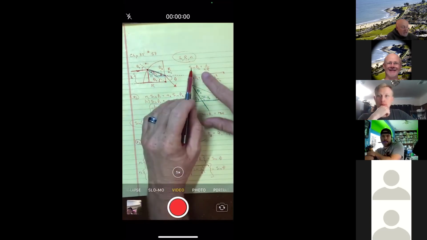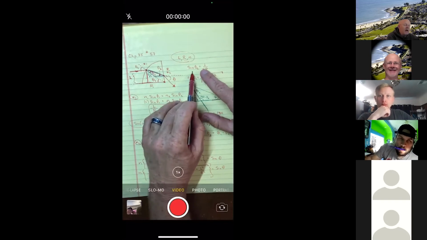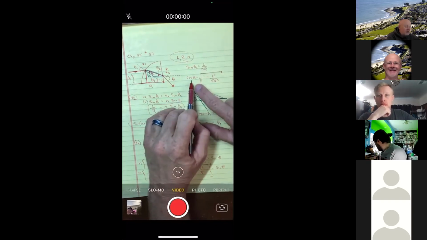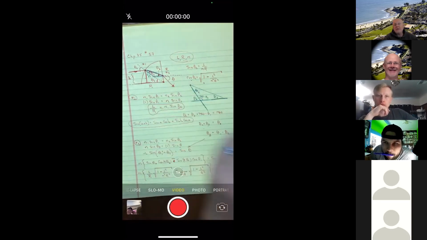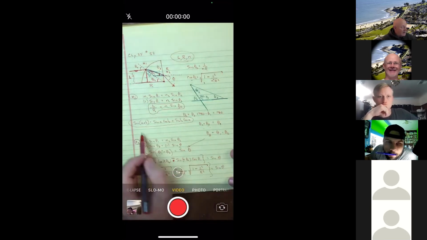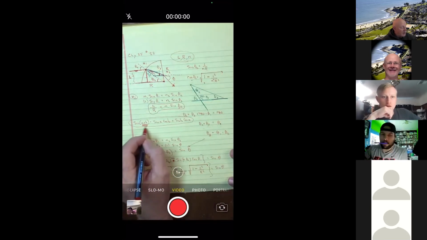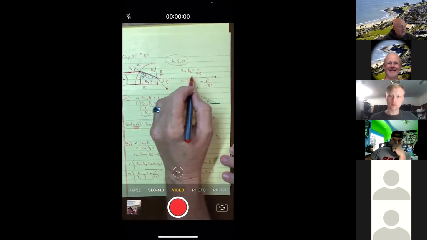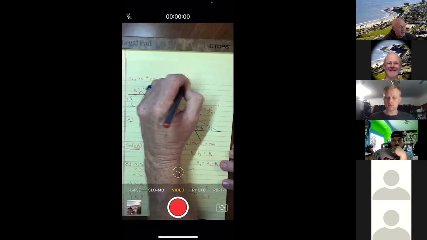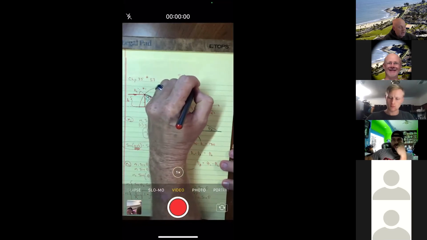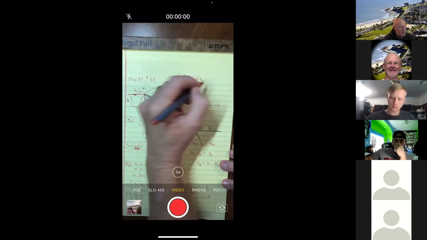And I only knew the sine, but then I had to remember, oh yeah, anytime I know the sine, I really also know the cosine if I do what's called the Pythagorean trig identity, which says sine squared theta plus cosine squared theta is 1.